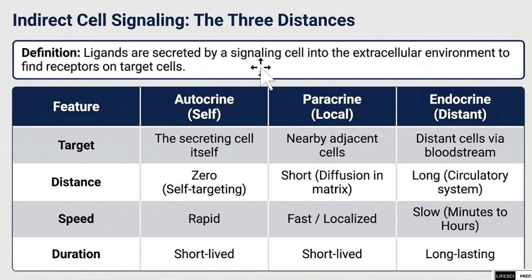Indirect cell signaling. Here, the signaling is divided as per distance. So autocrine, that is for self; paracrine, that is nearest or close proximity cells; and endocrine, that is distant cells.